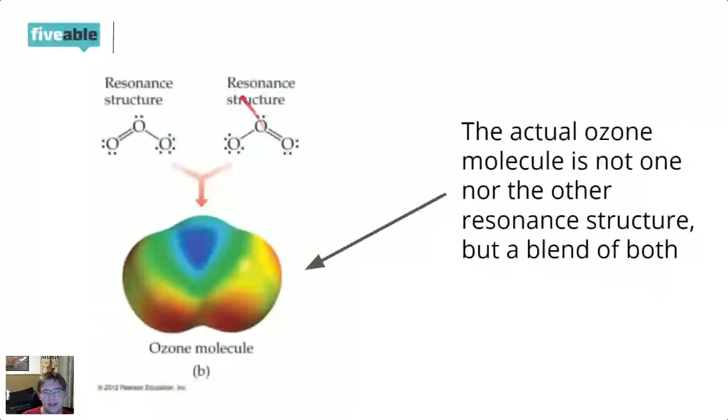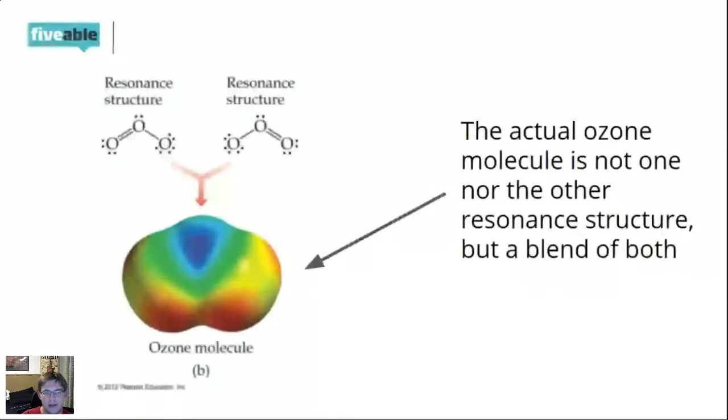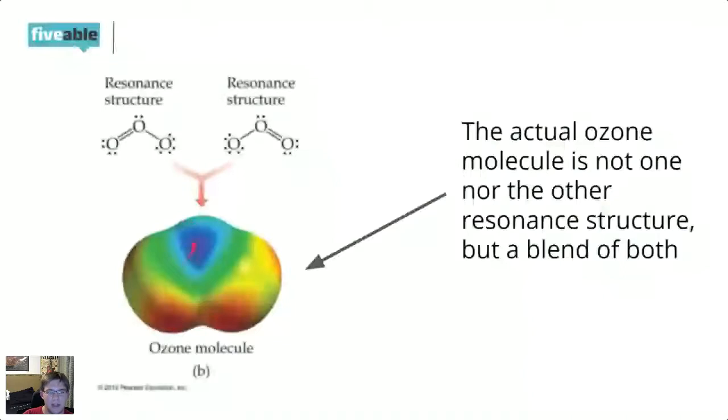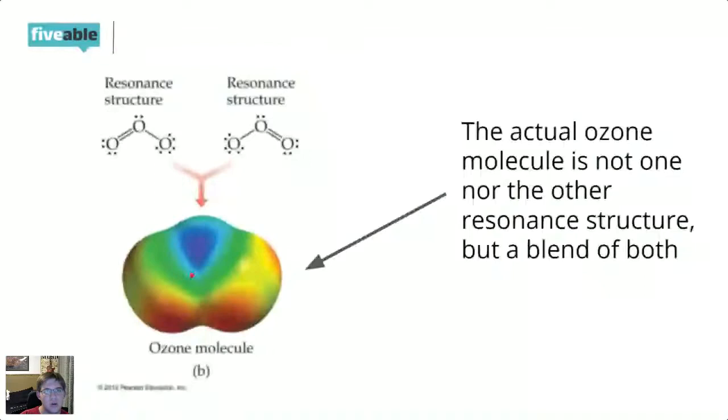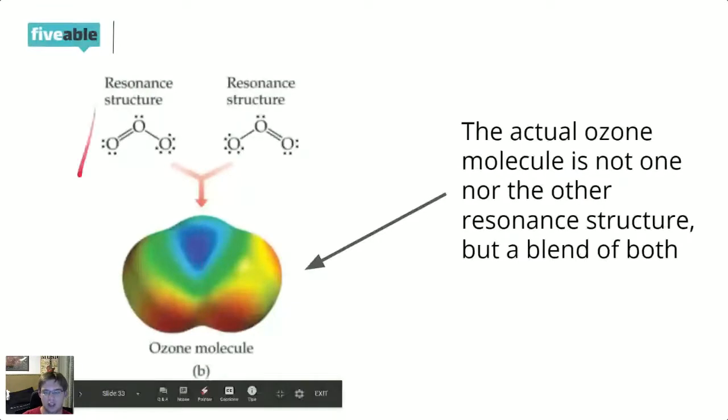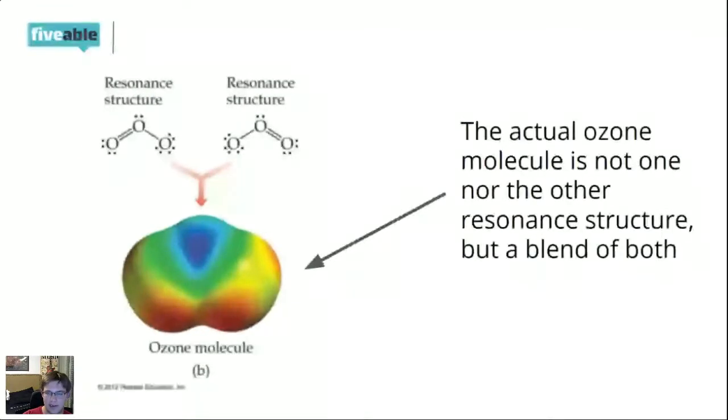When we blend these together, we get essentially 1.5 bonds, a 1.5 bond here and here. Meaning in comparing bond lengths, you want to treat this as shorter than a single bond, but longer than a double bond. And same goes for bond energy. So that's really the important thing to take out of resonance, is that this will become a blending of these two resonance structures. Right, so does that make sense?